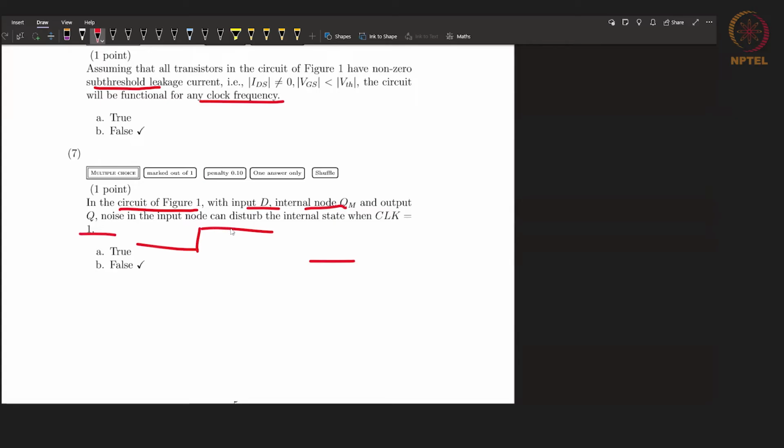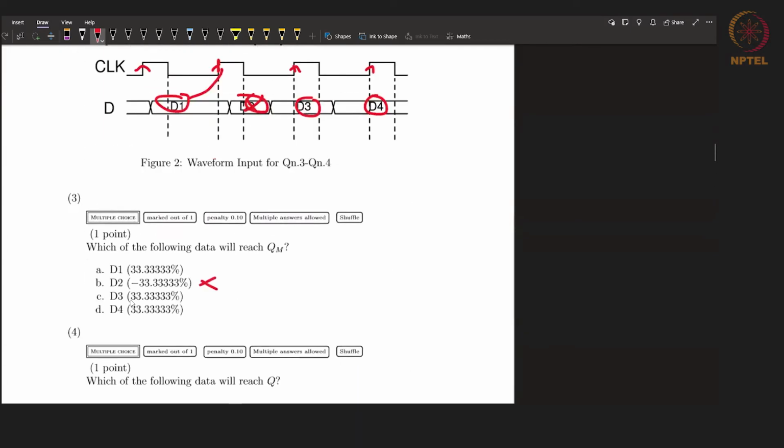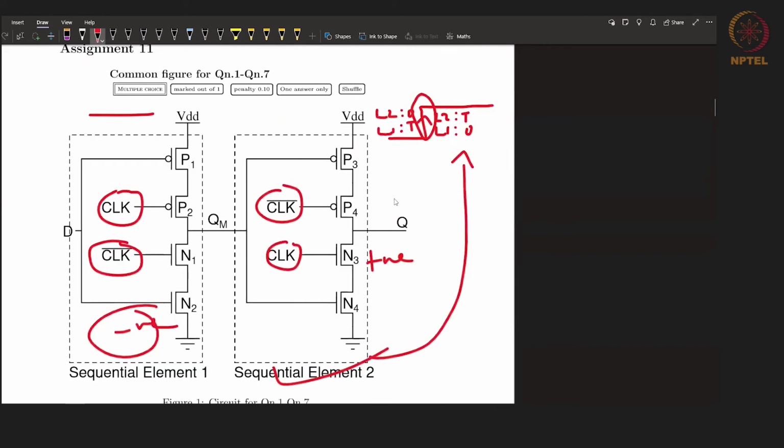Because when it is 1, if there is a noise, it does not pass all the way till Q. As we've written, L2 is transparent, whereas L1 is opaque.